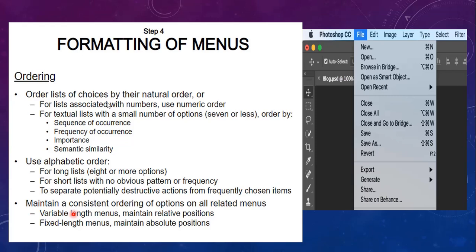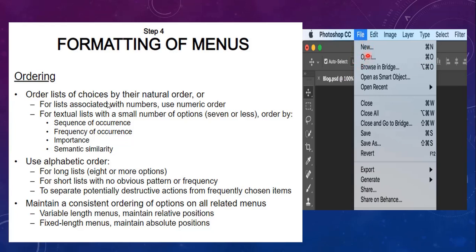And remember that meaningful ordering is very necessary to facilitate the search of an item. Why do we need this ordering? Ordering is necessary to facilitate the search. For example, to open a particular file, you go to File and then to the menu item.